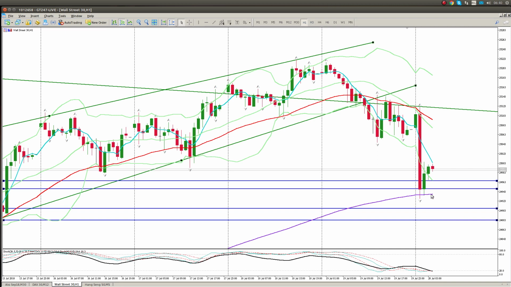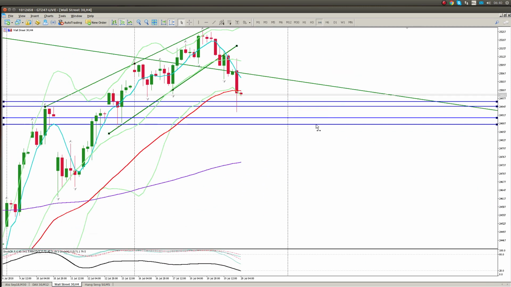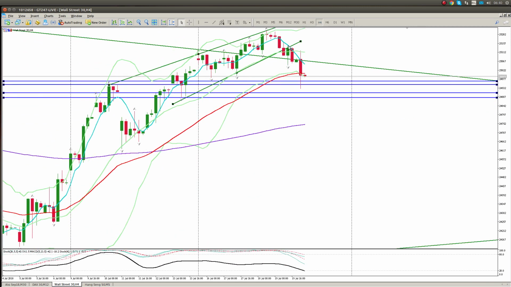However, you can see we've hit the 1 hour 200 EMA, and this could offer support to form a base. We do have the oscillators grouped at the bottom, so it is possible for us to move to the upside still. But looking at the 4 hour, I suspect there's still more downside to come.